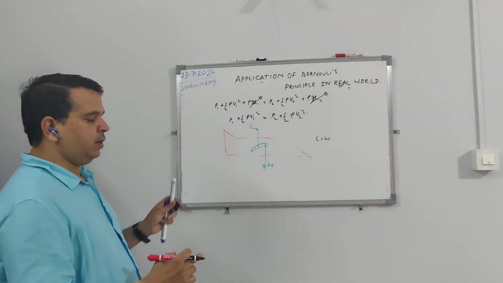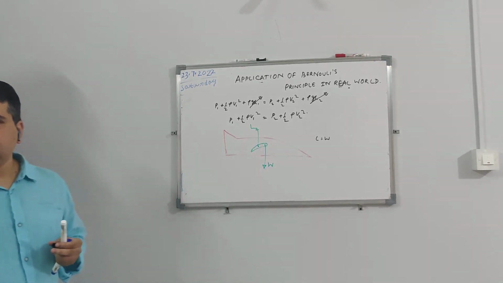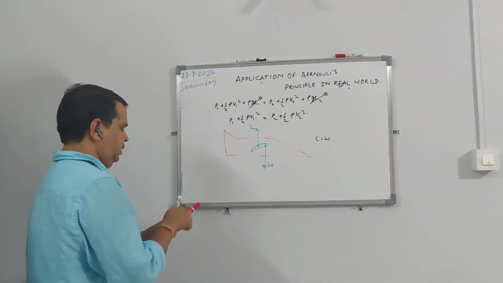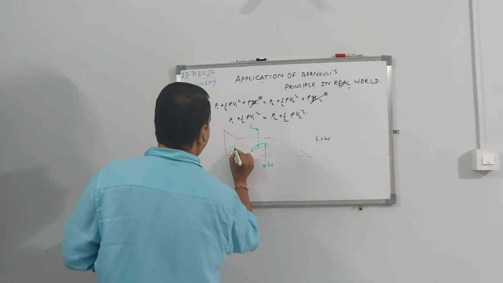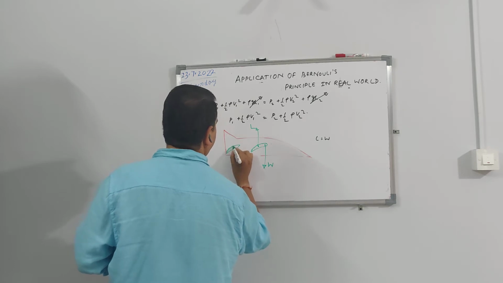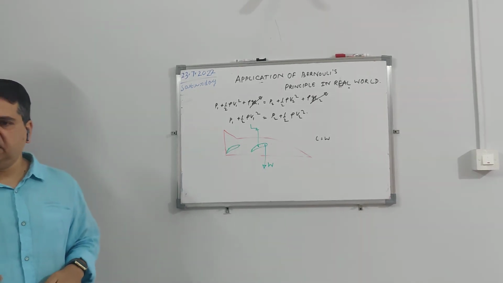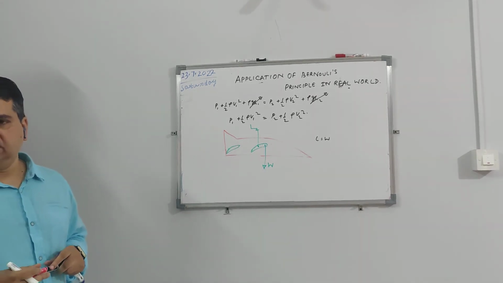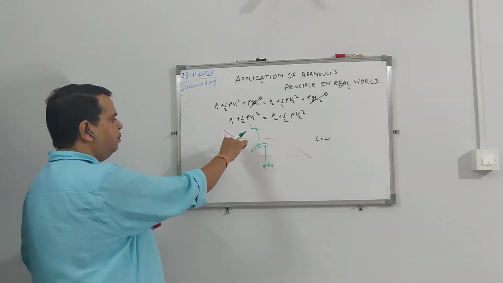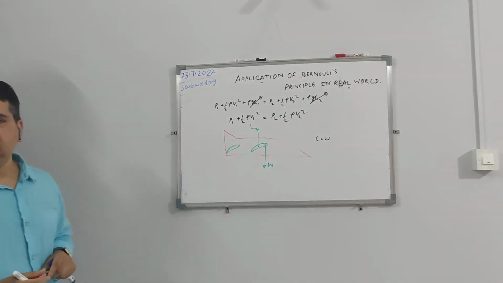To balance that moment, in the tail plane you will have another small wing. In the rear, you will have some kind of tail plane, that will create a force which will balance that imbalance moment. That is why you need a tail: there is an imbalance moment that is being balanced by forces created at the tail. The cross section of the tail is also similar to that of the wing.